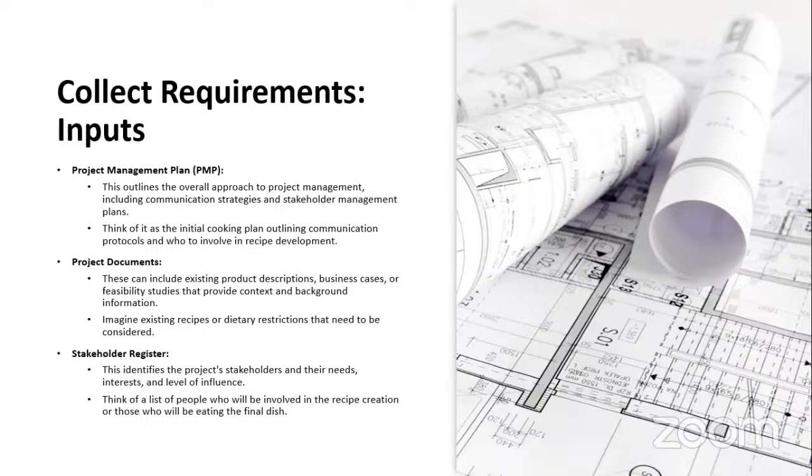Then you have your project documents. Most of them have outlined your product description, your business cases, your feasibility reports, and all of that. They provide you with the background information you needed to carry out your project. So the project documents will also be good as part of the input for requirements.